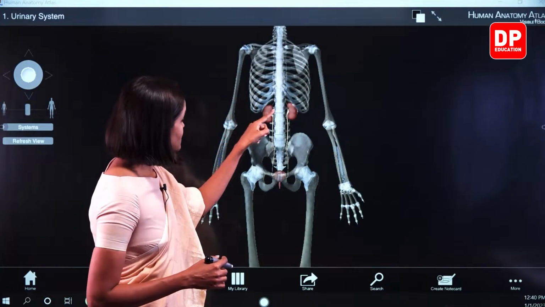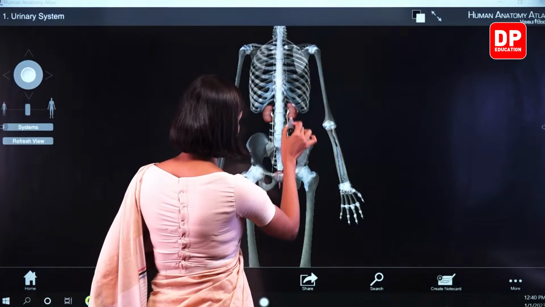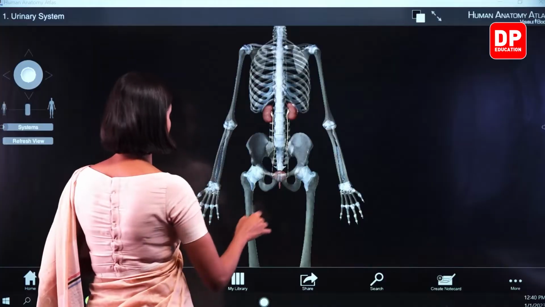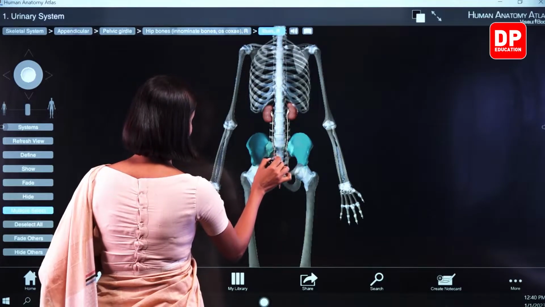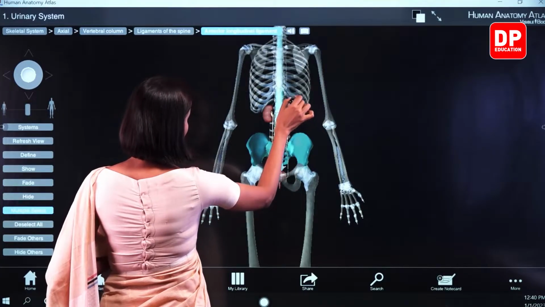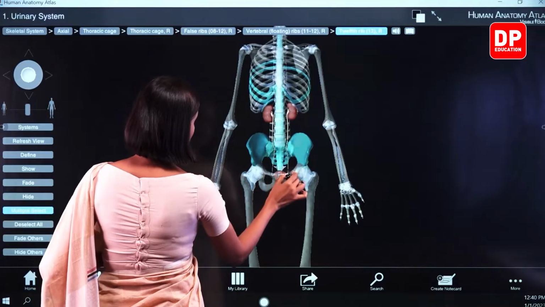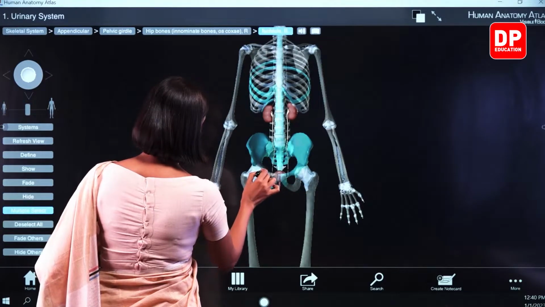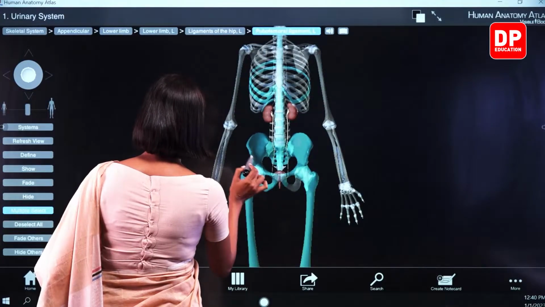So you all can see when you consider this system, I will remove all the other parts except for the excretory system, children. Then it's very easy to study. This is the place of the system where it's present. I will remove now all the other parts apart from this system. So we can study it very easily.